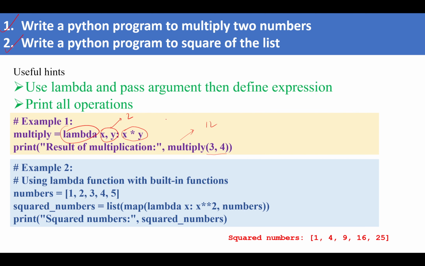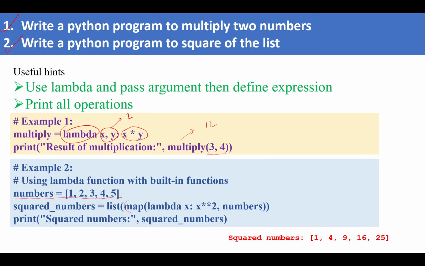The next program is how to square a number. First, we have to define the numbers. These are my numbers: 1, 2, 3, 4, 5. Now I am going to square these numbers. I will discuss all these steps one by one.